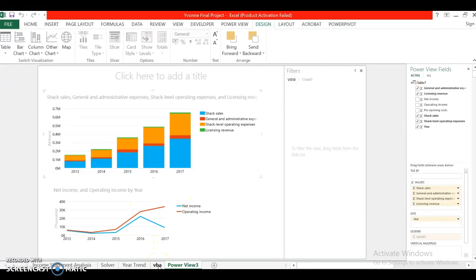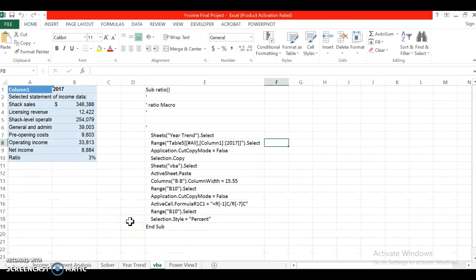And I also did a small VBA in this project, showing you guys how we can use VBA to calculate the profit ratio. So the profit ratio is net income over the total revenues.